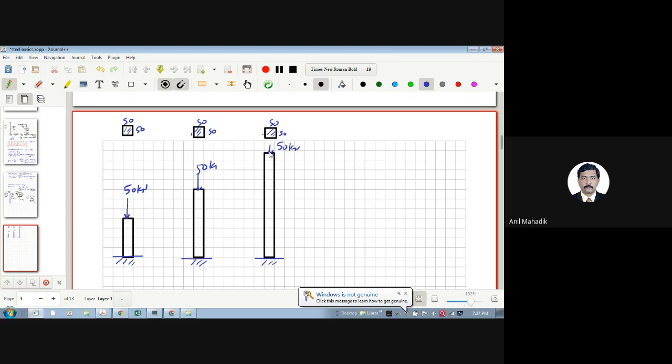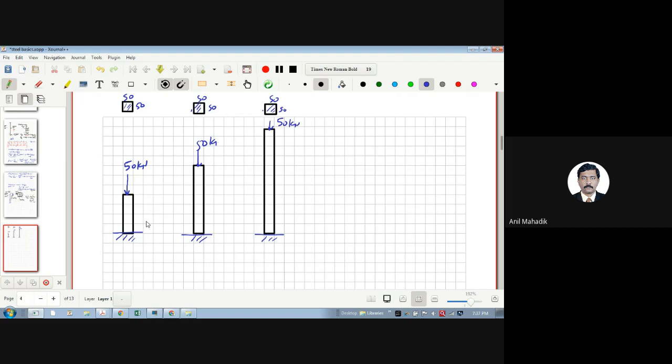Now, if I ask you which bar has more capacity, first one, second one, or third one? First one, sir. This will have more capacity. Why? Length is less, so the buckling effect will be less for that one, so this will not buckle earlier.